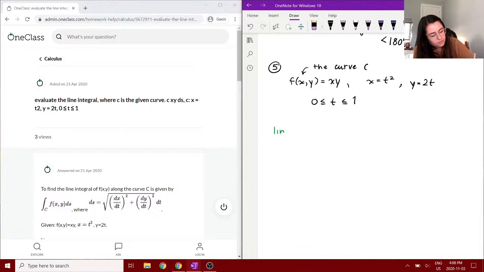We know that the line integral is defined like this.